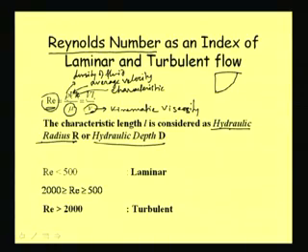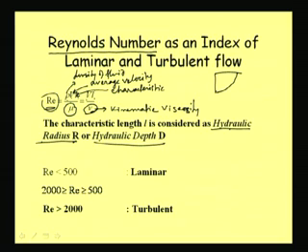Now, in the same channel with the same velocity, if you allow an oil which has higher viscosity to flow, then you will find that turbulence may not occur in that particular fluid. So turbulence is inversely proportional to the viscosity term.